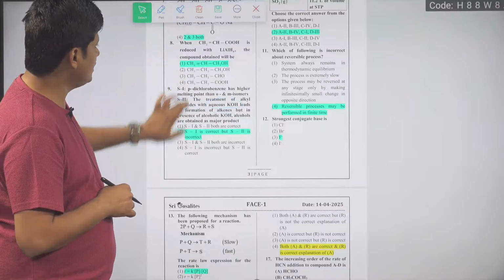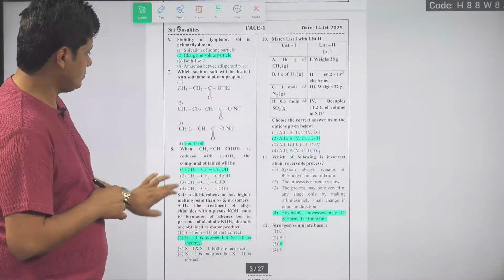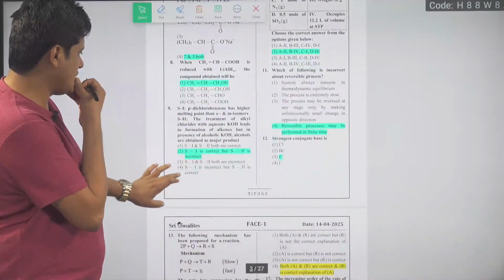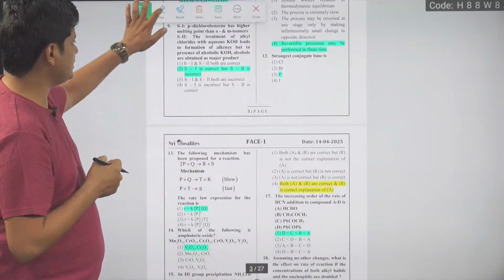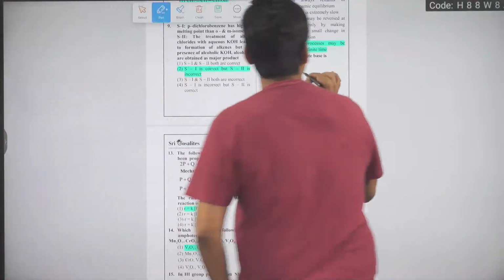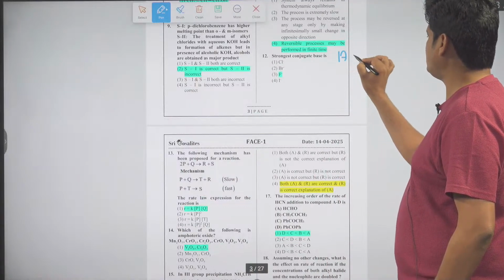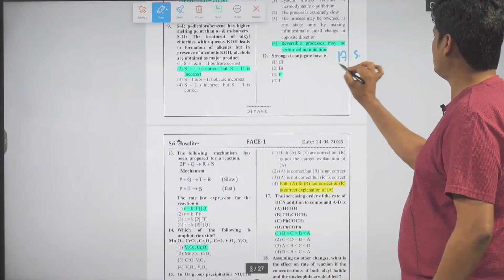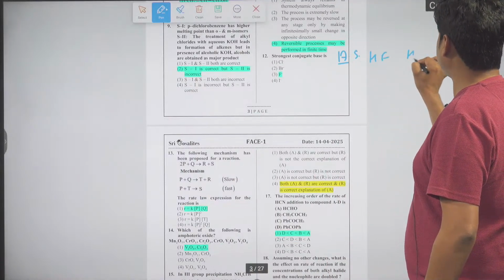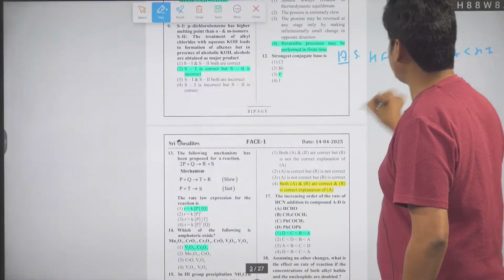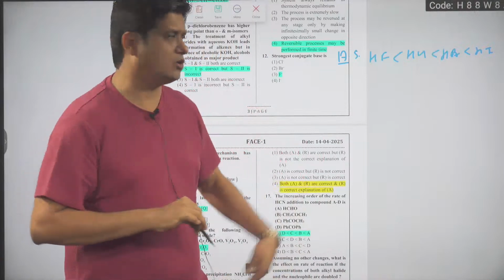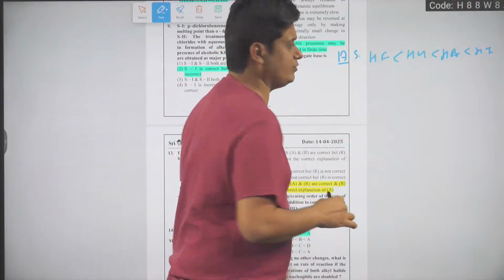Okay, question number 12, strongest conjugate base. So knowing the order of acidic strength for HX: HF, HCl, HBr, HI. This is the order of acidic strength. So what we know, stronger the acid, weaker the conjugate base.